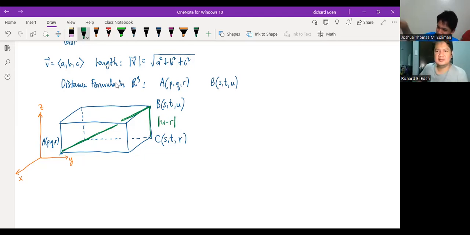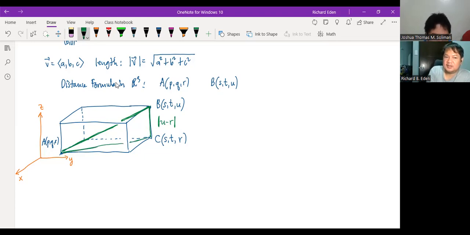Yung skew distance, from both corners po. Yung sa baba po ng triangle. That is already the square root of something squared plus something squared. All right. Dinagdagan pa po yung isa. Okay. So, are you referring to AC? Opo. All right. Okay. So ganito.